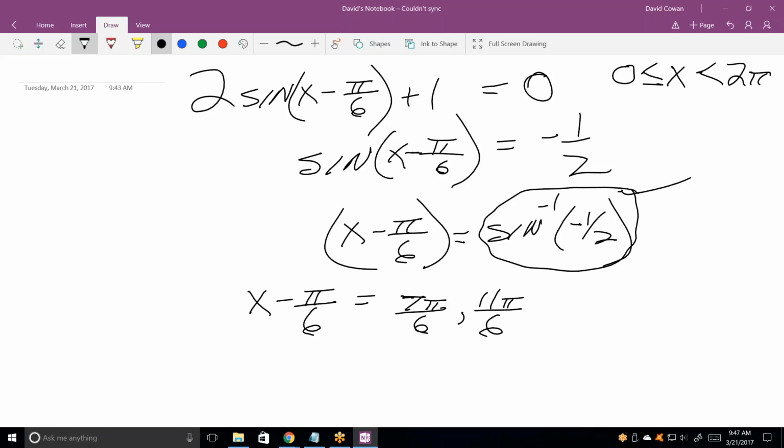Your calculator actually gives you the negative unit circle, let's call it. Okay. Now we still have to add this pi over 6. So it becomes 8 pi over 6 and 12 pi over 6? Which is 4 pi over 3 and 2 pi. Okay.